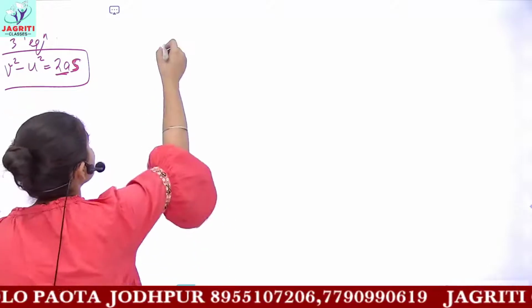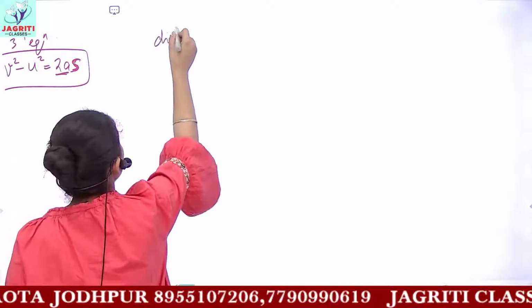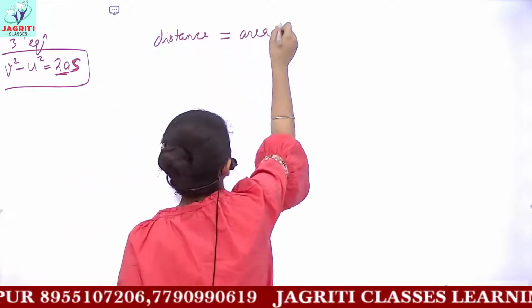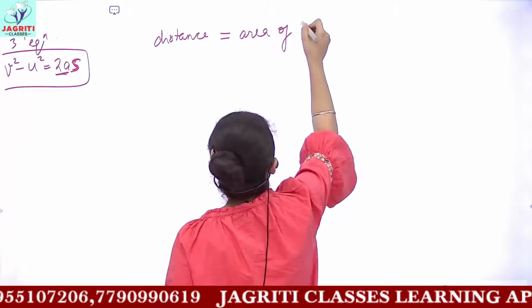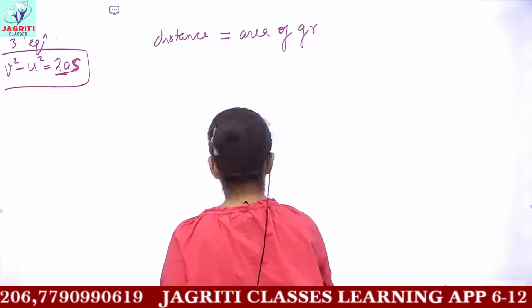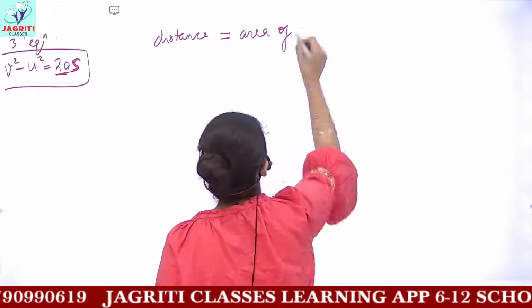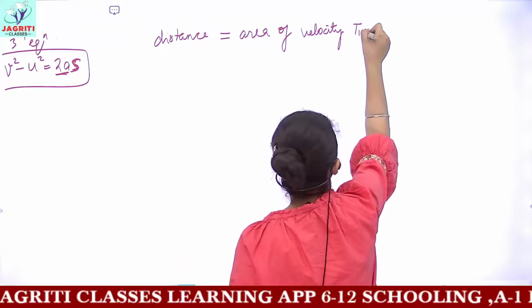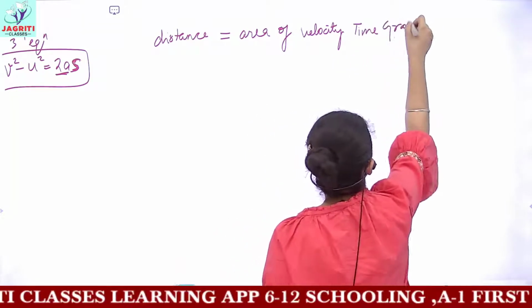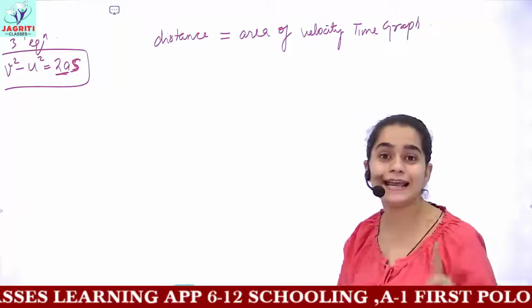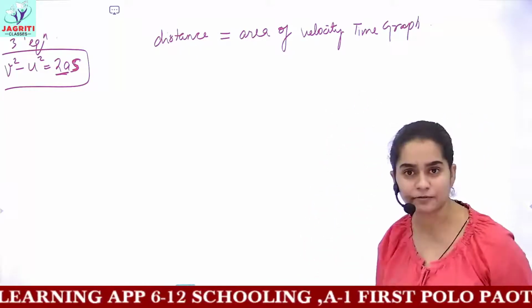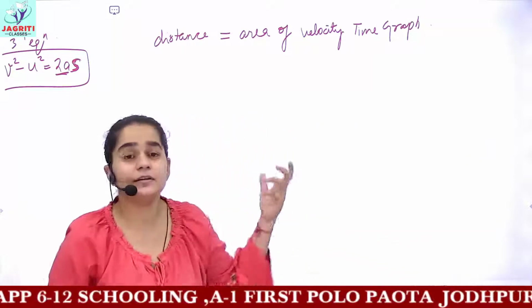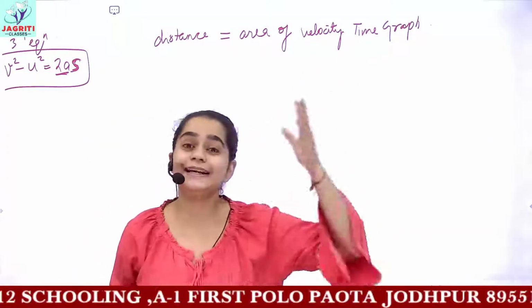So you will say the same: distance covered is equal to the area of the velocity time graph. This is the same step which we did in equation 2.